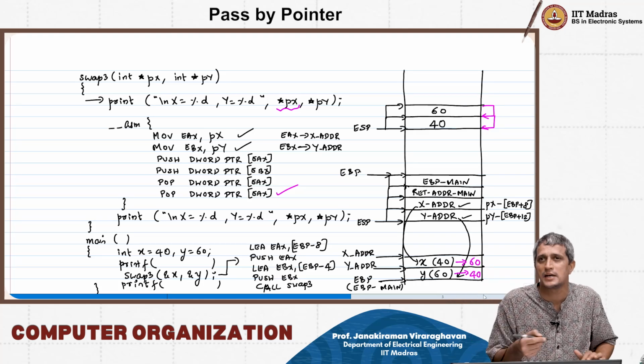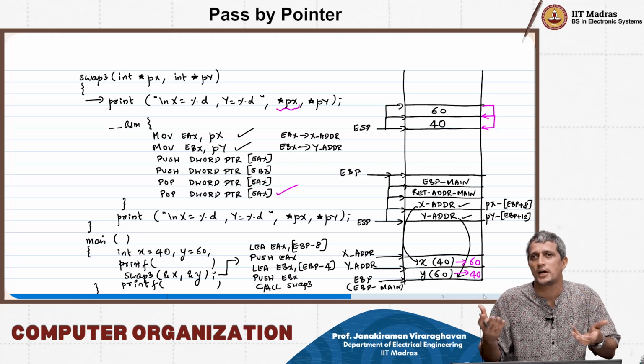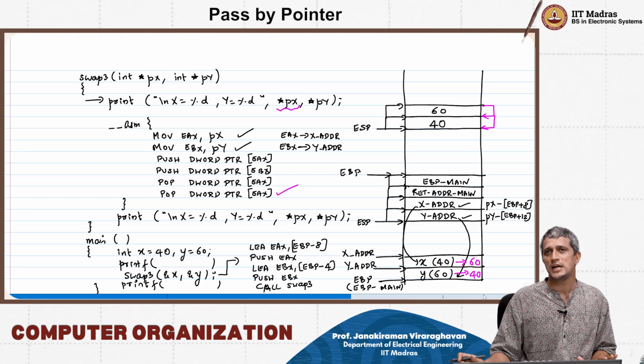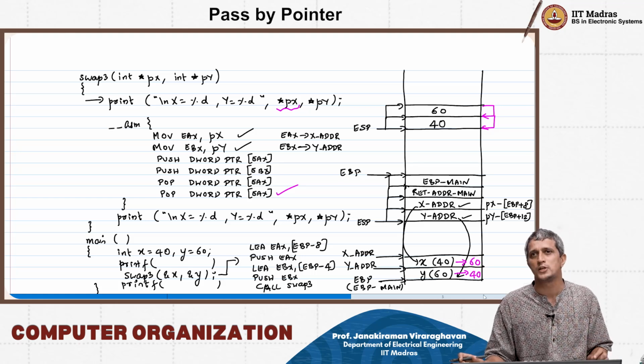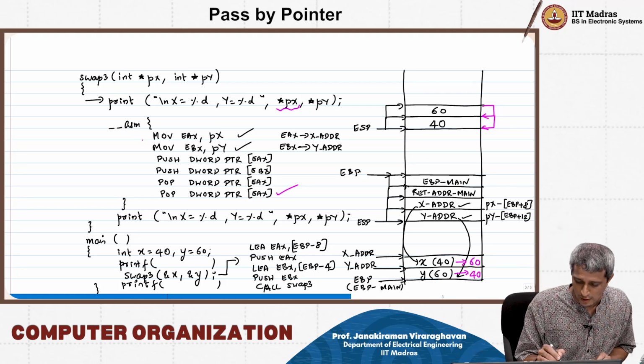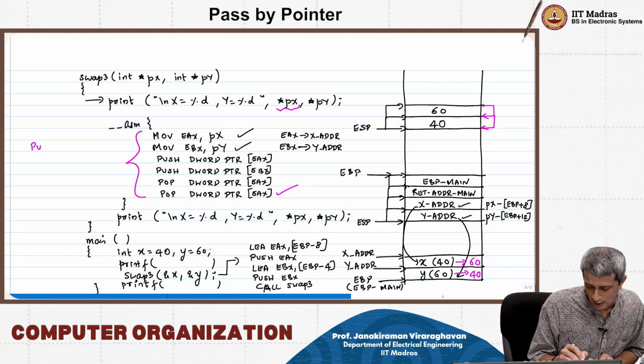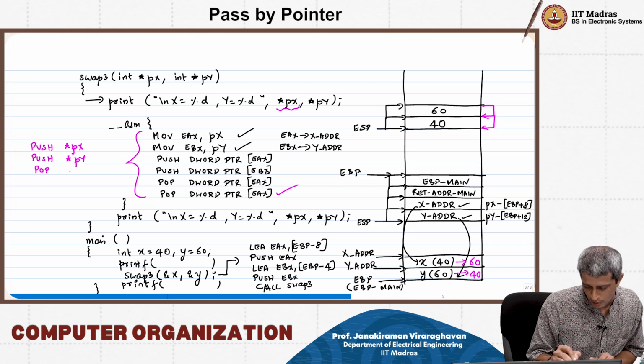That's how pointers are themselves operated on in C, right? So if you want me to encapsulate this into pseudo code, I would say we have done push star px, push star py, right, pop star px, pop star py.